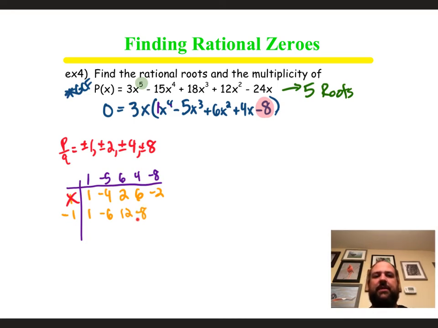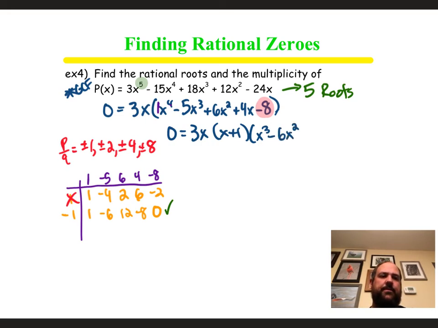And -1 times -8 is 8, plus -8, hey, that gives me 0. I ended up with one that worked in this case. So I know now that -1 works, so that corresponds to x plus 1. And then the leftovers, x cubed minus 6x squared plus 12x minus 8.